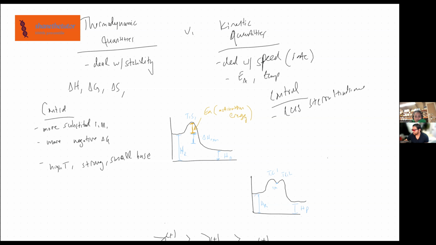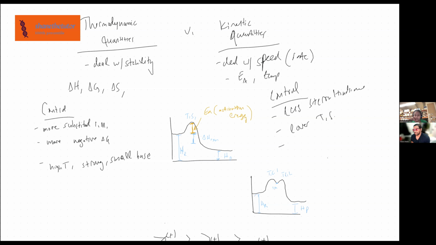lower transition states. And I know that I said that temperature can help increase the rate of something, but I guess I said that temperature would make the rate go faster.